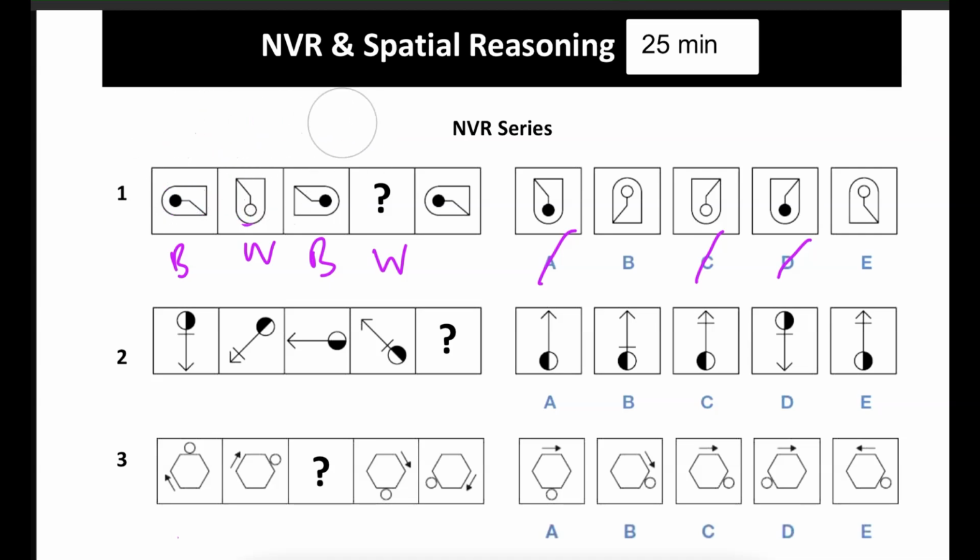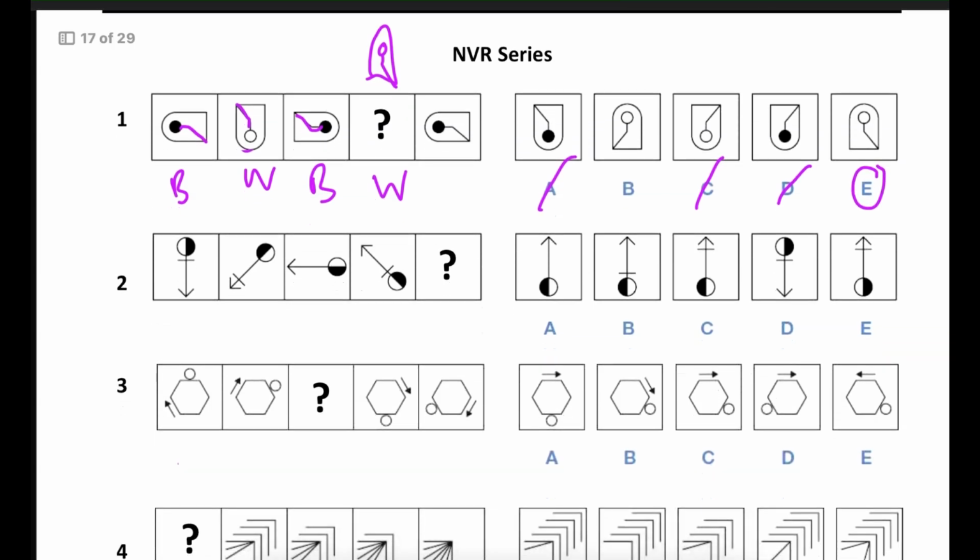Next thing, these two lines on the inside of the shape, they switch corner each time as you rotate the outside shape. So here they're going to end up being this corner because they switch each time. So the answer is E. Next question, we've got circles with arrows.